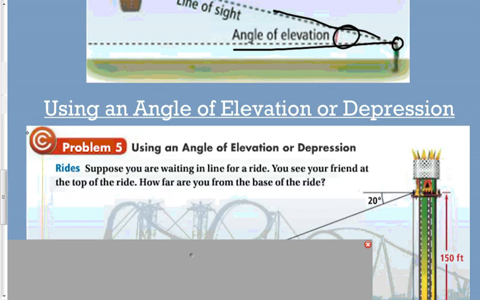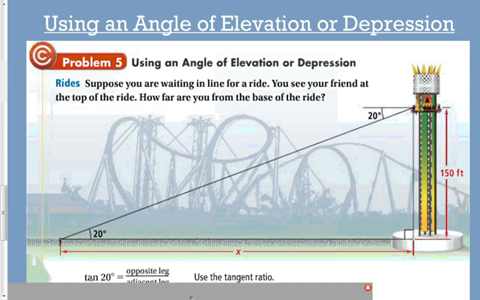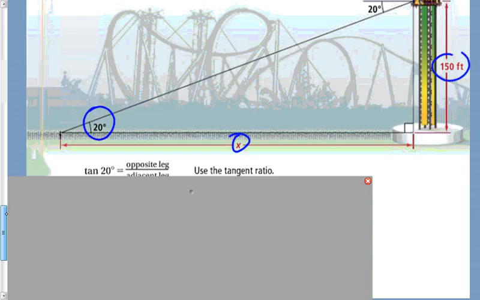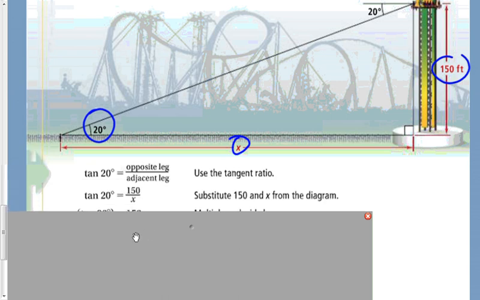And using our understanding of that, you can look for creating right triangles. So in this case, we're trying to find the x here. We know we have an angle of elevation of 20 degrees, and we know the height is 150. We can create a trig ratio to find that missing x. We'd have opposite and adjacent, so we'd be using tangent of 20 degrees equals 150 over x.